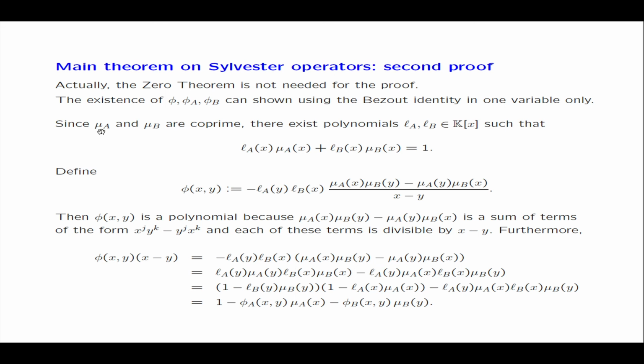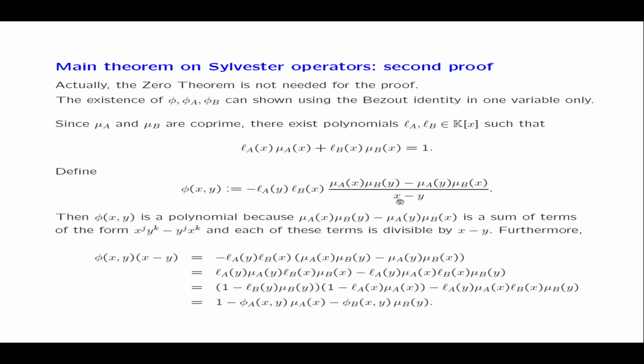If the minimal polynomials are co-prime, then by our Bézout theorem in one variable, there are polynomials L_A and L_B so that this linear combination is the greatest common divisor of the minimal polynomials, and in this case, it is 1. So now we have these polynomials L_A and L_B, and from these we can define a new polynomial in this way.